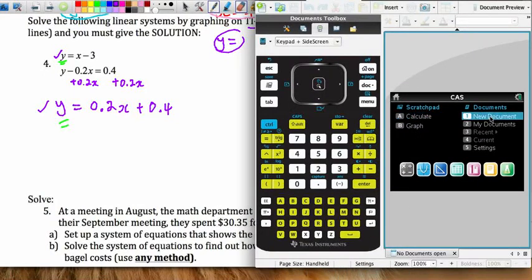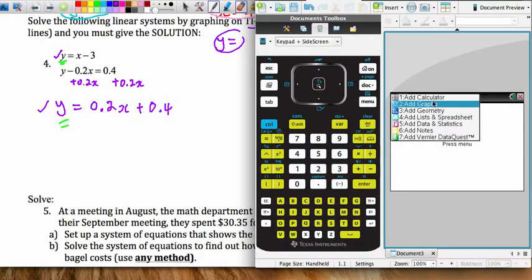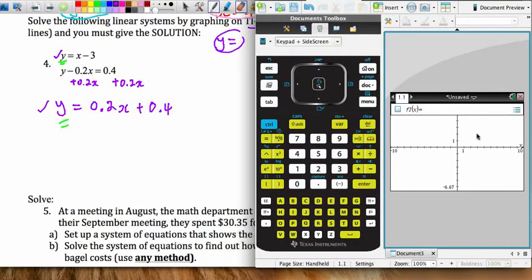What I want is a new document, and specifically a graphing page. And you'll see immediately it goes to f of 1x, which from our point of view is basically y equals.